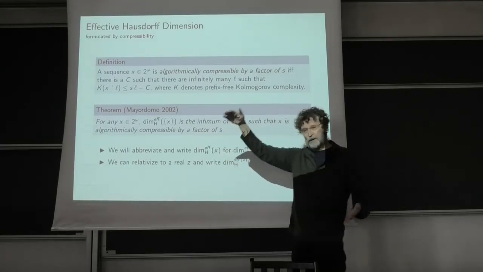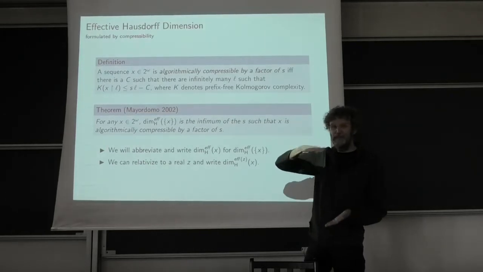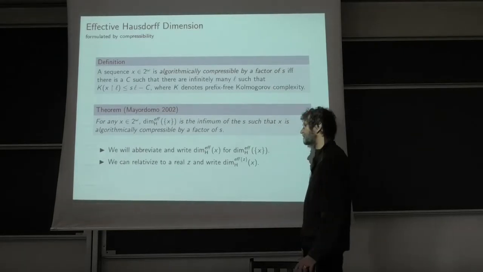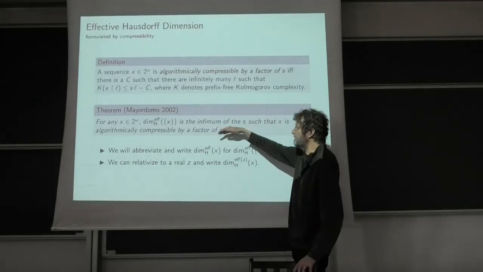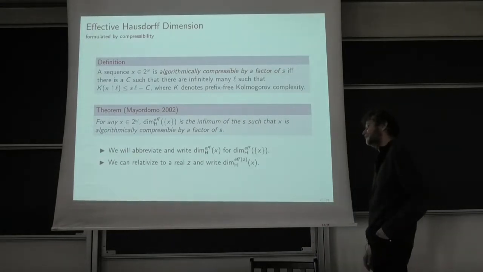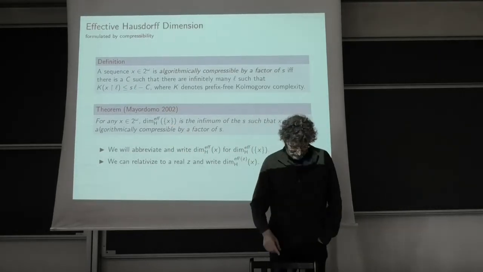If you can be compressed down to a half, you can be compressed down to 3/4, 5/8, etc. So take the infimum of all the compression factors that x exhibits, and that's the effective dimension of this singleton.